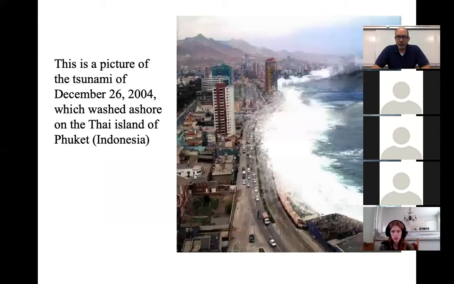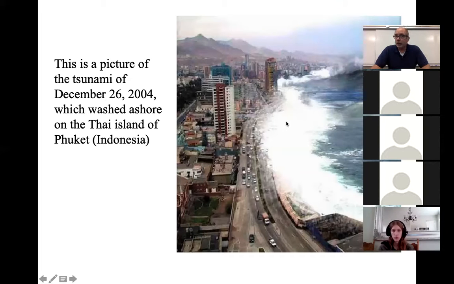Now, here's an example of one that hit the Thai island of Phuket in 2004. Look at the height of this wave compared to the buildings. This tsunami crashed onto the shore and killed thousands of people. It's such an incredibly high energy wave.